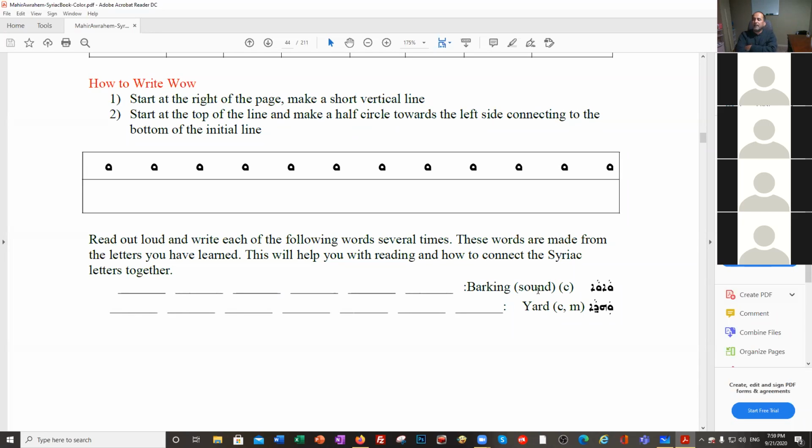We say kelba ile be nuacha. Nuacha is in the spoken language. Ile bin nuacha. Kelba ile bin nuacha. Bin nuacha. The second word.